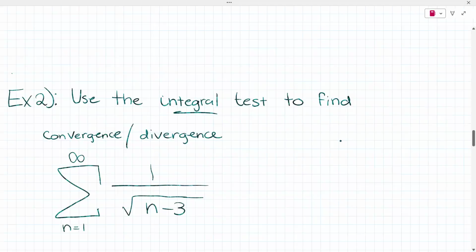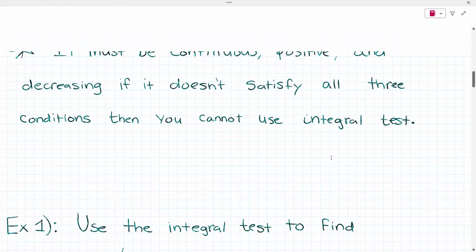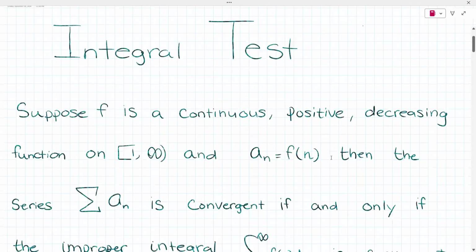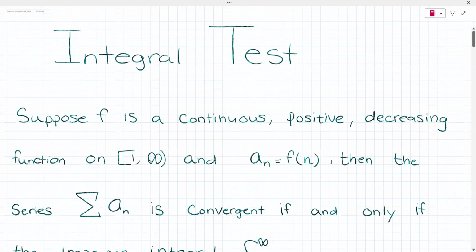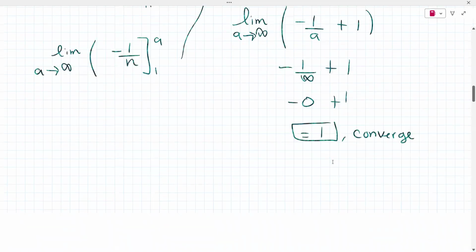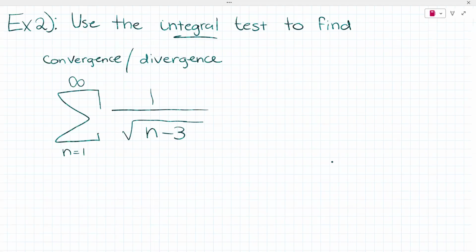It has to satisfy three conditions: continuous, positive, and decreasing. So this 1 over square root of n minus 3 is not continuous, so we cannot use the integral test.